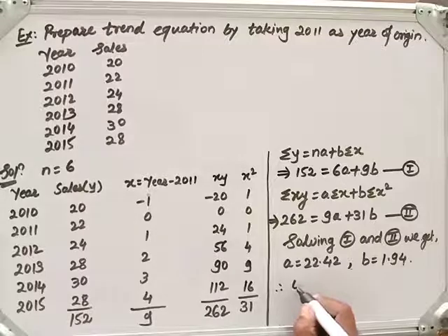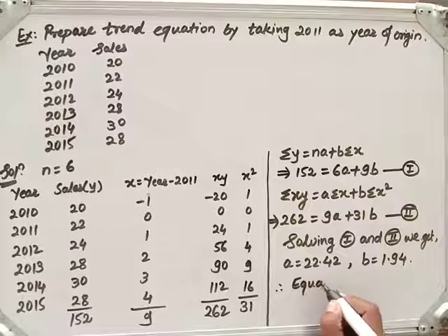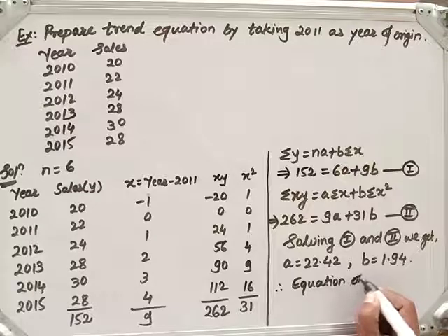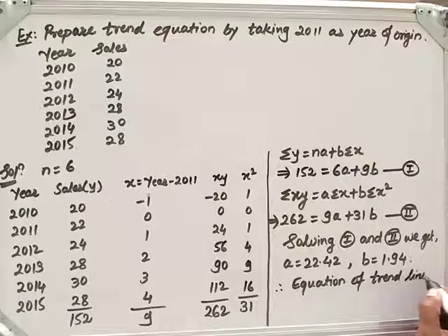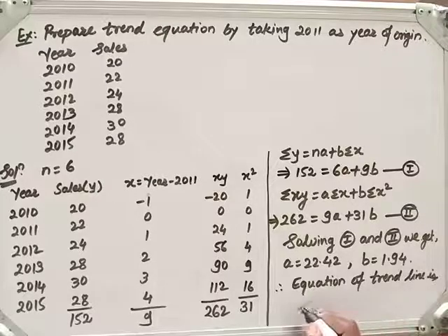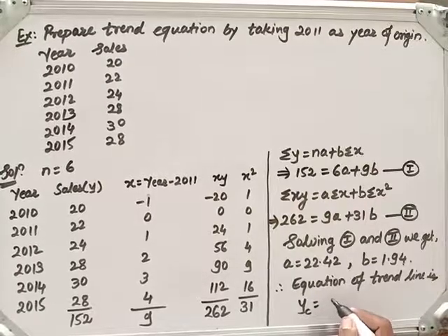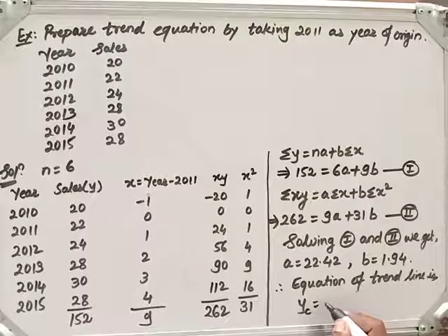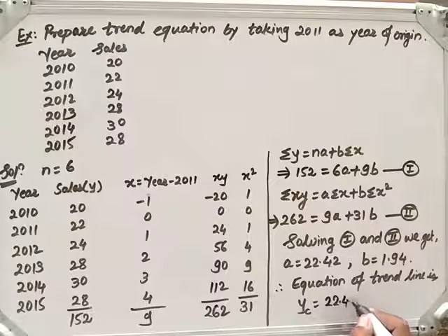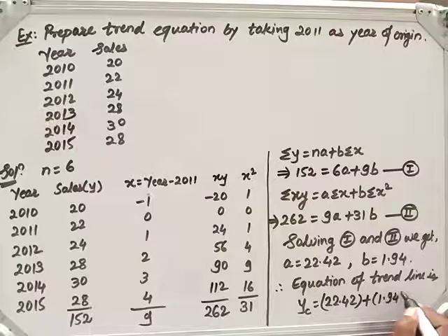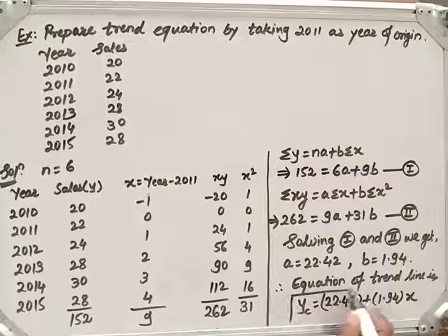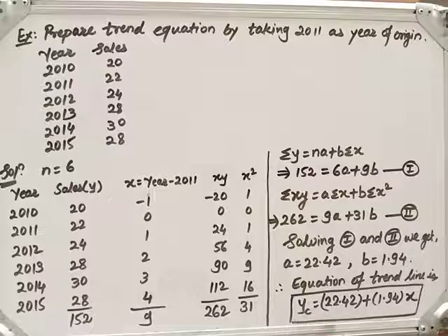Therefore, equation of trend line: Yc equals a plus bx. So a is 22.42 plus b into x, 1.94 into x. This is our required equation of this example, and with this example our chapter 4 is finished, that is time series.